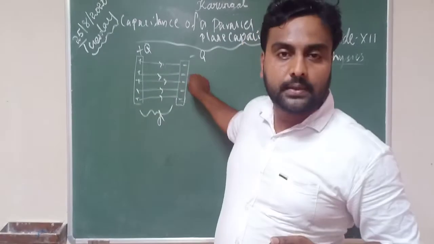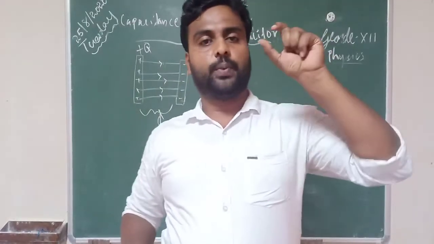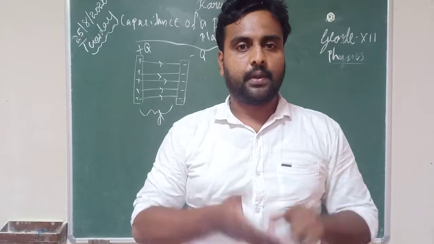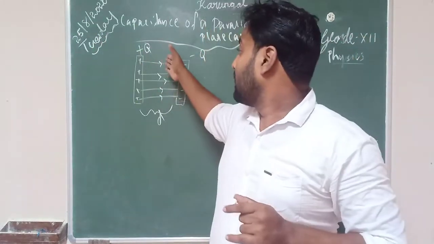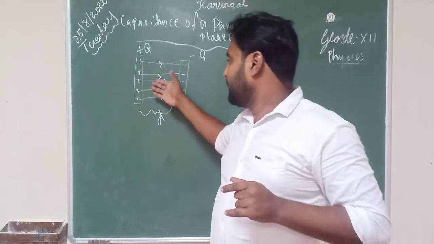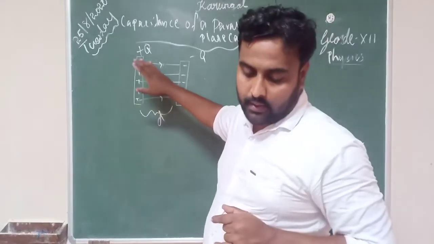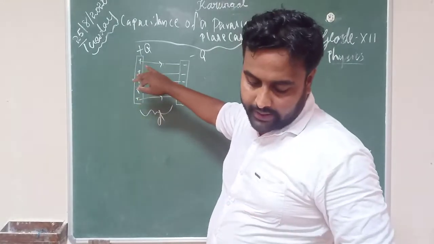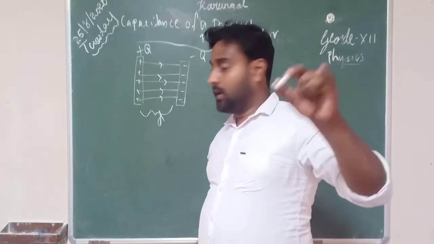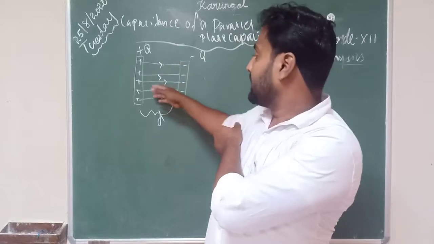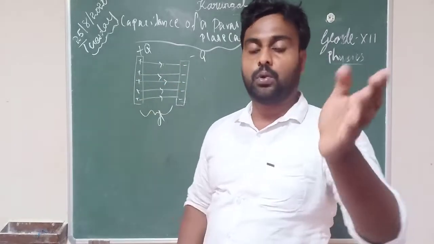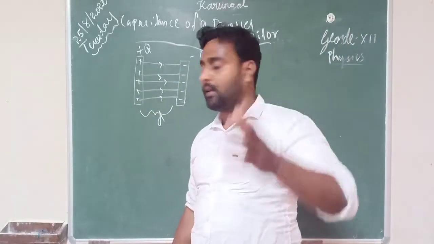Now let me explain this diagram. Consider two parallel plates kept at a distance D. When charge from the battery is transferred, electrons move from one plate to the other plate.